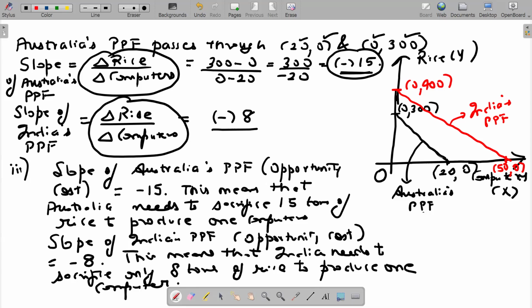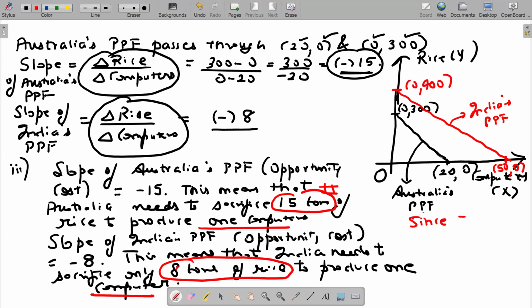That means if both the countries plan to produce one more computer, Australia will have to sacrifice more tons of rice to produce the same computer as compared to India. India will sacrifice only 8 tons of rice. Australia will sacrifice 15 tons of rice. That means I can say India has a comparative advantage in producing computers.